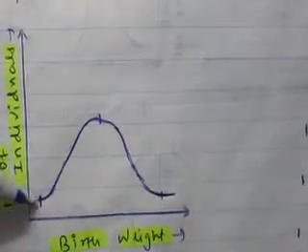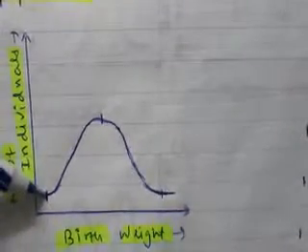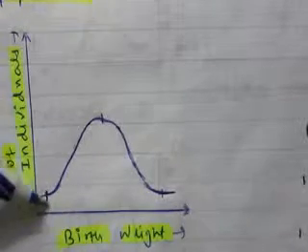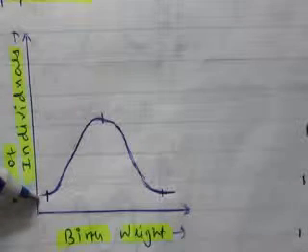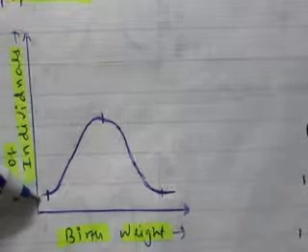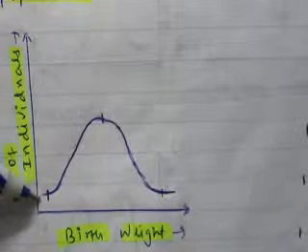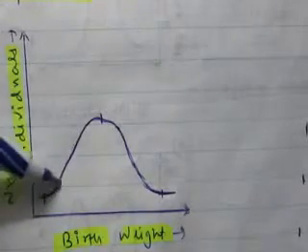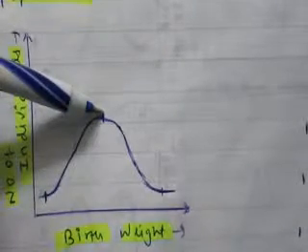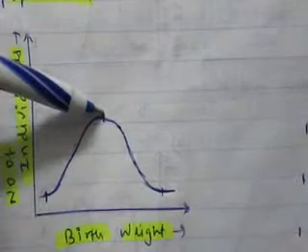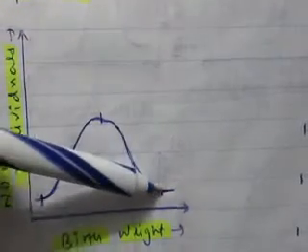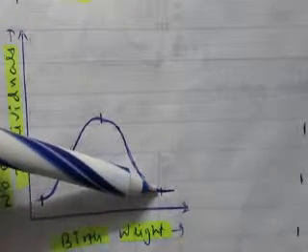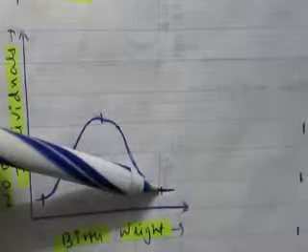At one peak there are very few individuals that have very low weight. In the middle there is an increased number of individuals with an average birth weight, and at the last there is a very low number of individuals that have the highest birth weight.